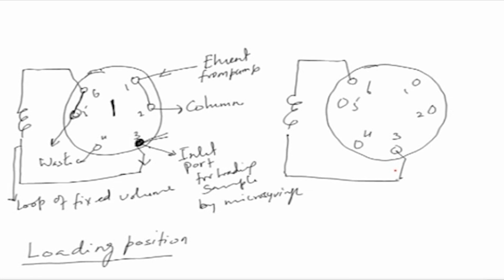So, what was the situation? Here the eluent from the pump is coming here, and this is to the column. So, what will happen now? Here, if you see, this knob will shift to the injecting position.